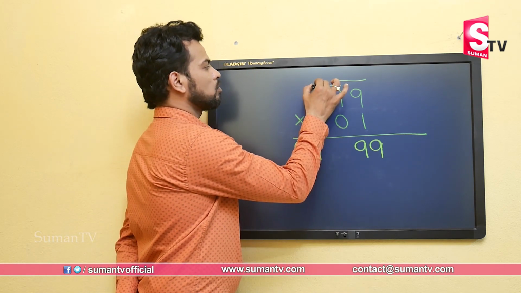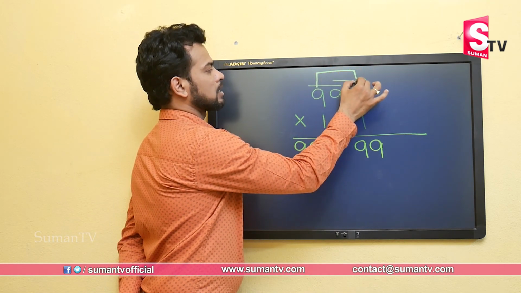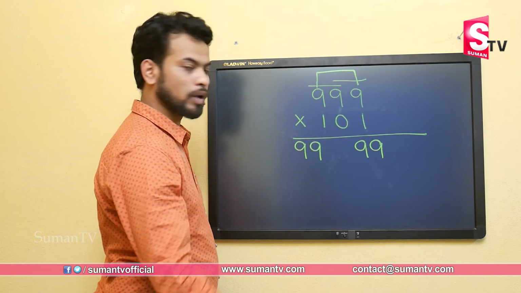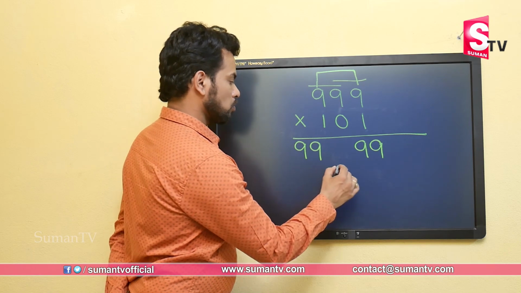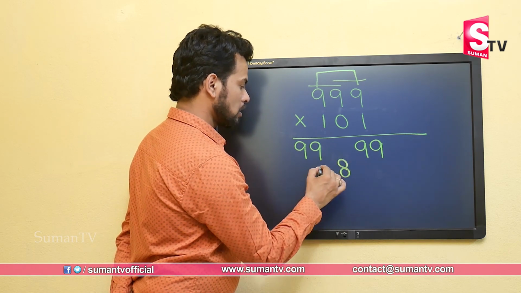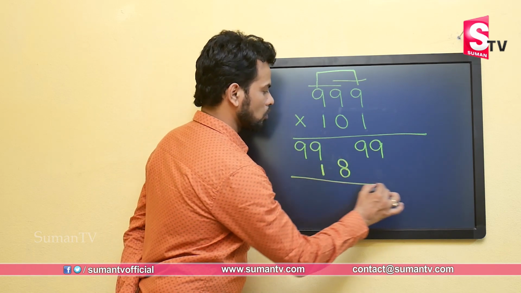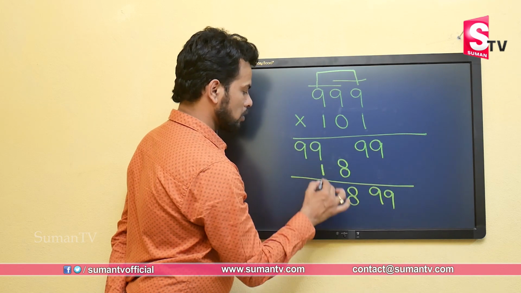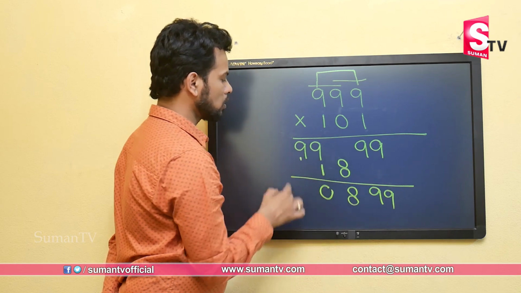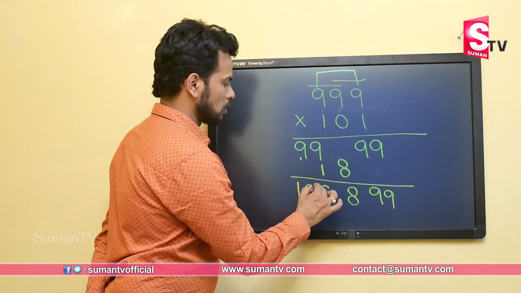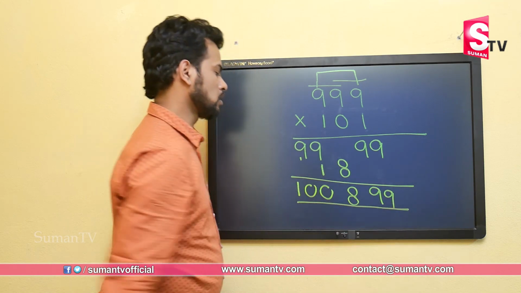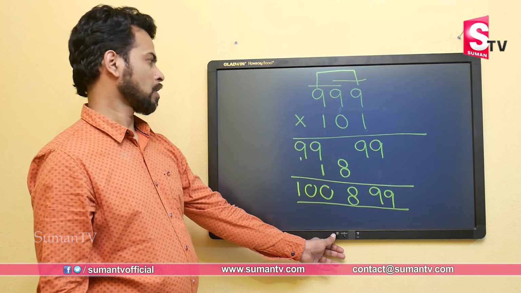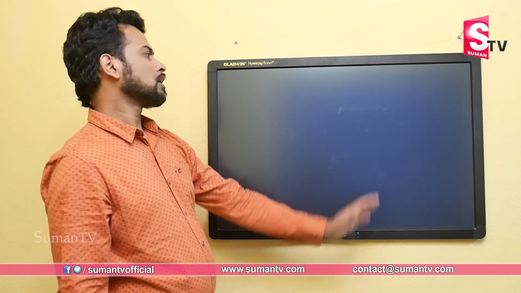Now we will add the left and right side digits. 9 plus 9, that is 18. So 18 is a double digit number, so we will place 8 here and 1 will be carried over. So it will be 9, 9 plus 1, 10, 1 carry over. So 9 plus 1, 10. So we got this answer 100,899.